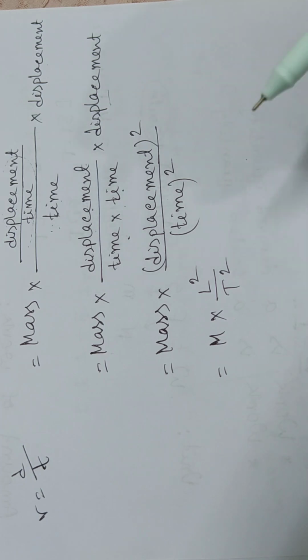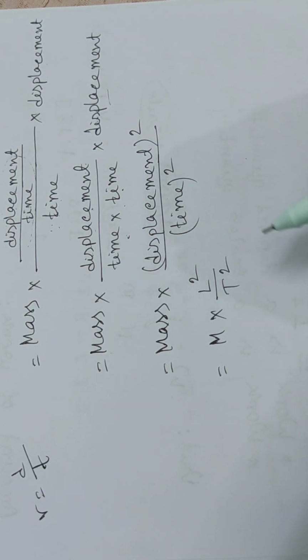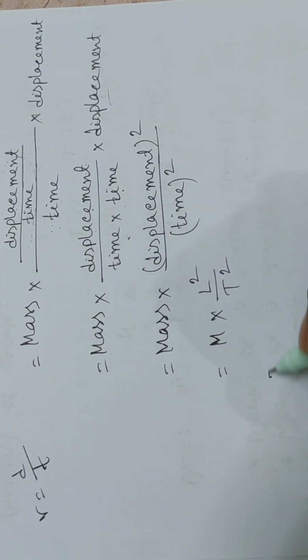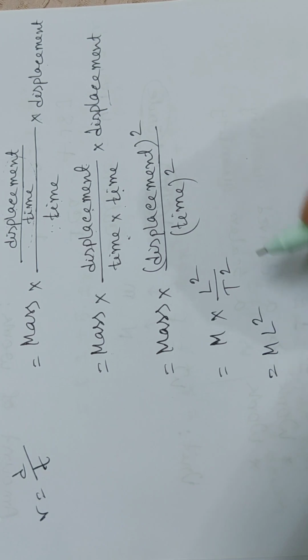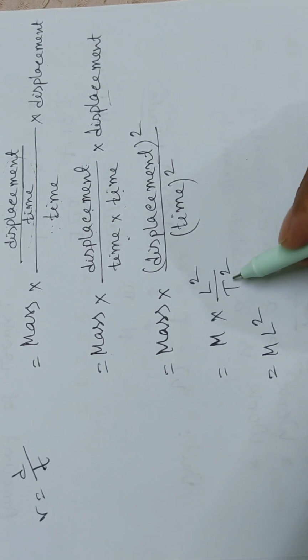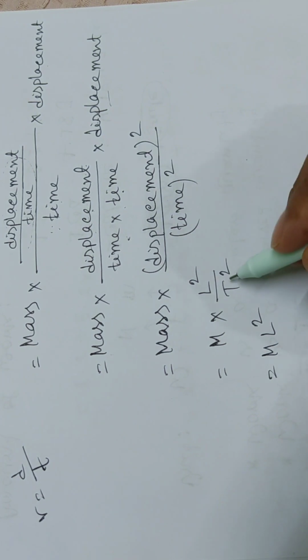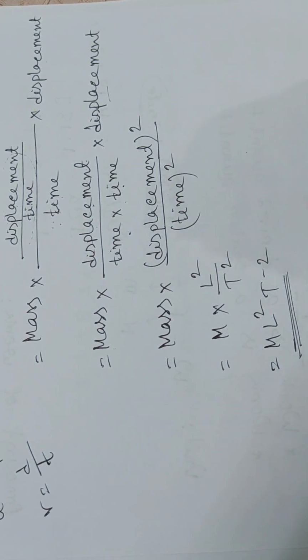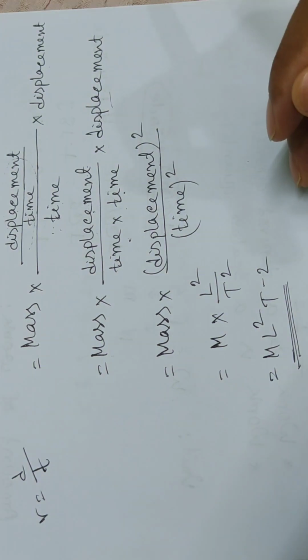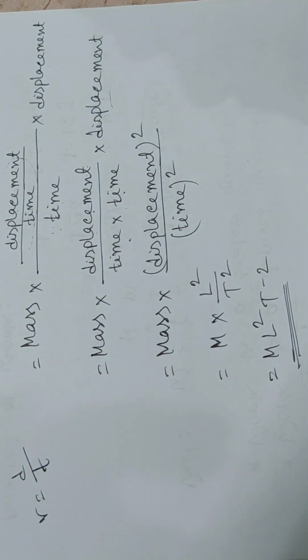And to express dimension we need to write all of the letters in capital form. Now, M L square divided by T square, and we know if we want to write it with them, then the power of the denominator will be negative, so it will be T inverse 2, and M L square T inverse 2 is the dimension of work. My dear students, I hope all of you have understood about work.